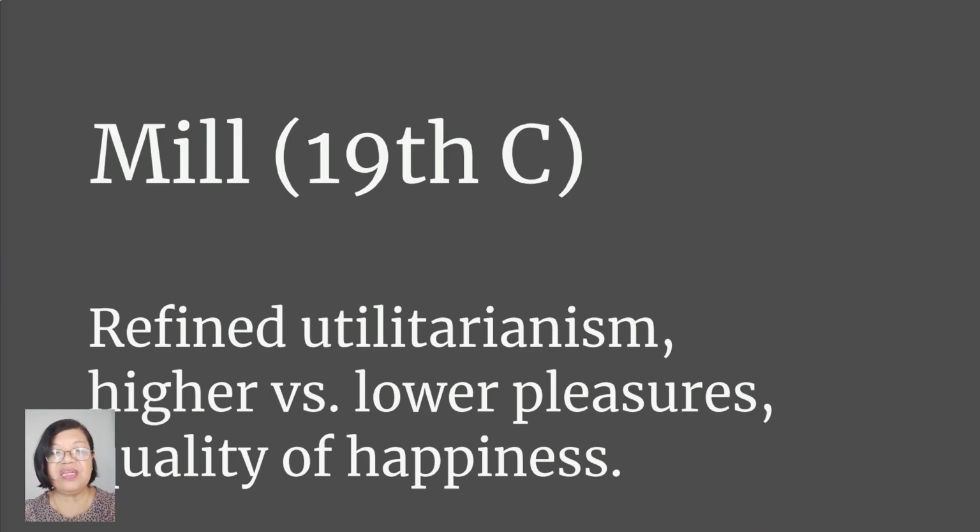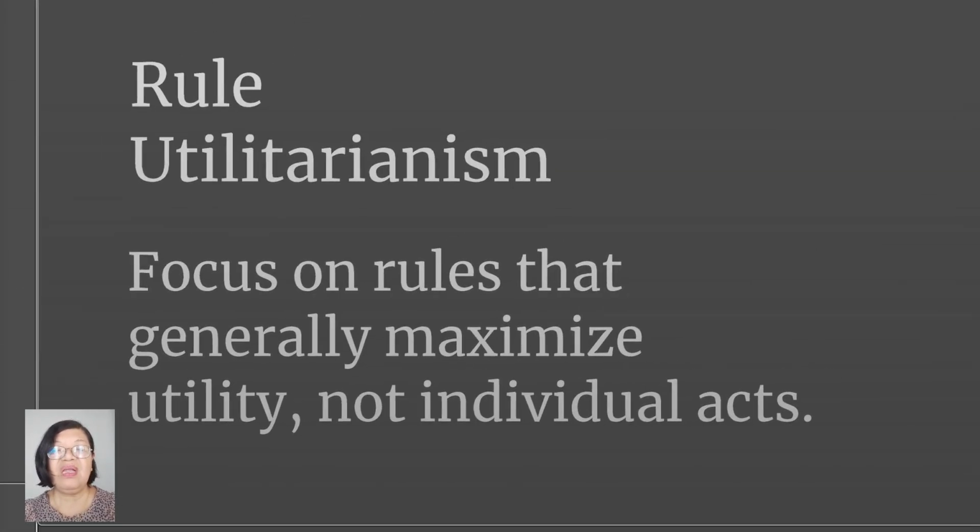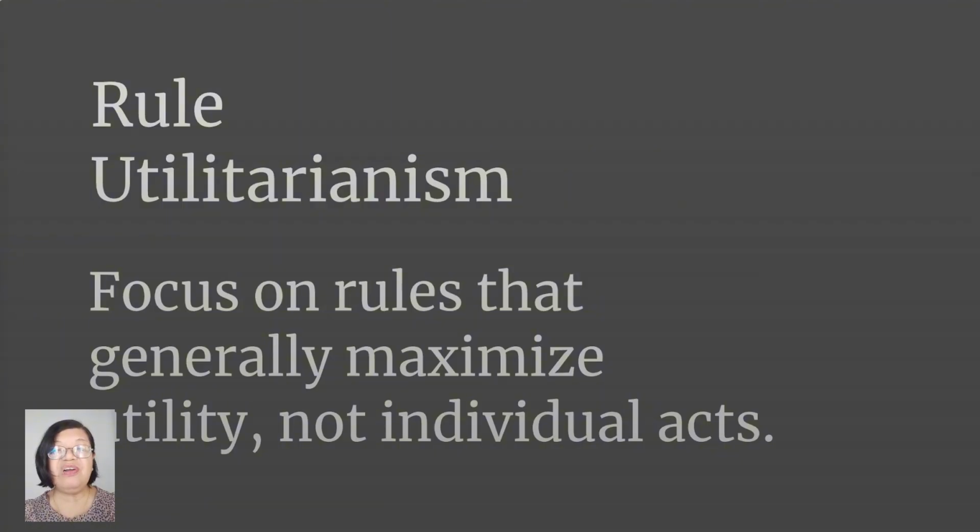Rule utilitarianism, on the other hand, was introduced by John Austin and later thinkers, while Bentham focused on evaluating individual acts. Later thinkers developed rule utilitarianism, where instead of evaluating each act separately, we follow rules that generally maximize utility.